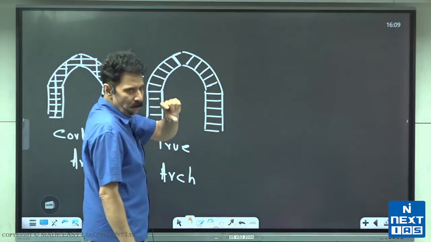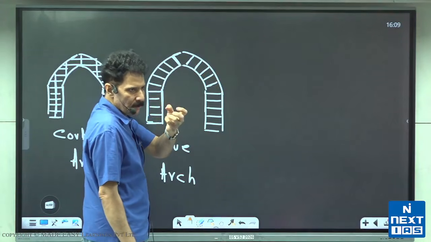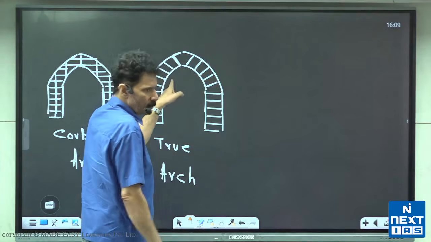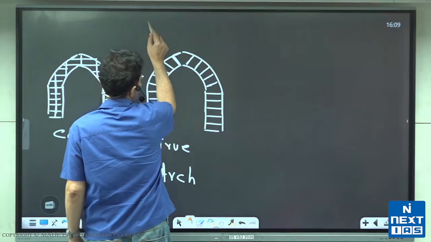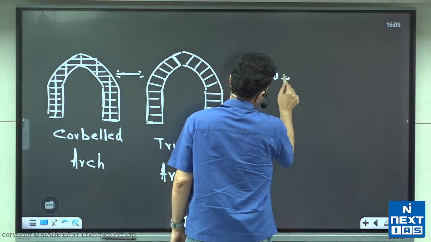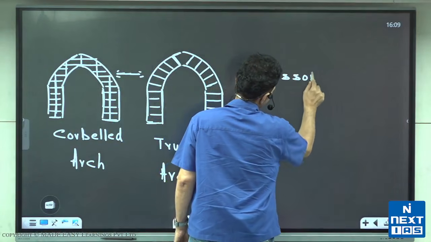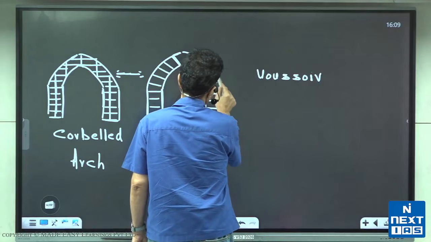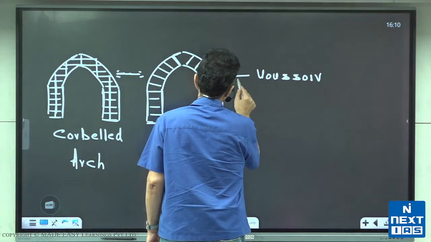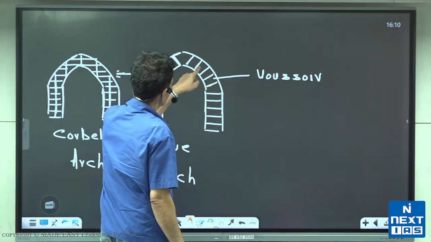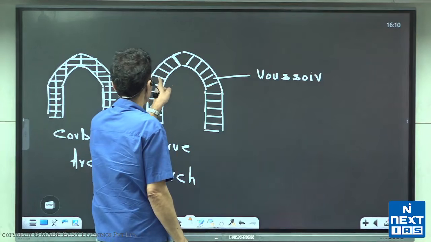These are wedge-shaped blocks, known as voussoirs. 1, 2, 3, 4, 5, 6, 7, 8, 9, 10, 11.